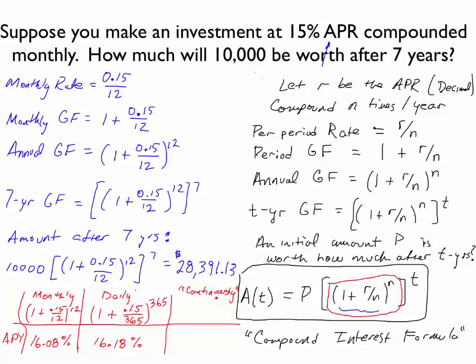That says continuously. So it's kind of like 1 plus 0.15 divided by what? Infinity. And taking that to the infinity.